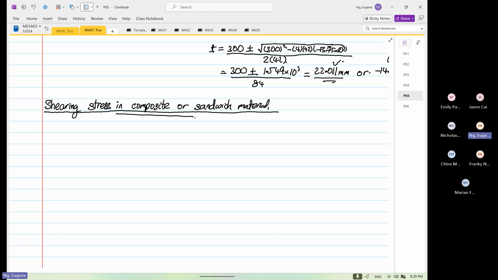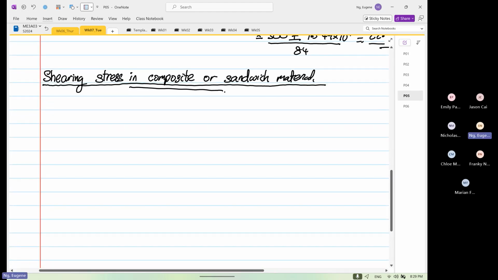For sandwich material, there's also consideration of reference material and also the thickness changes. So let's look at bending moment.